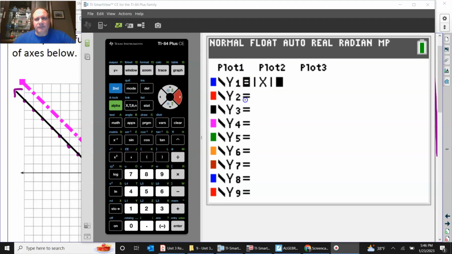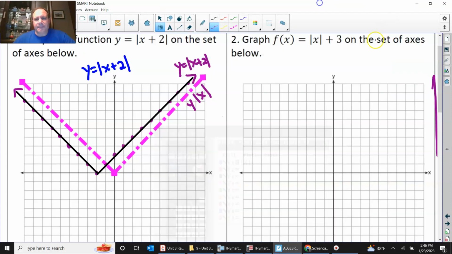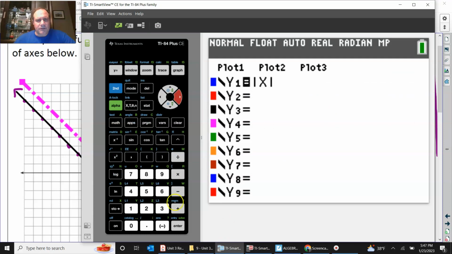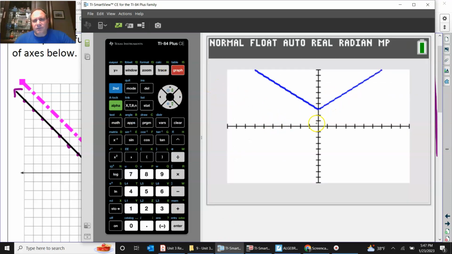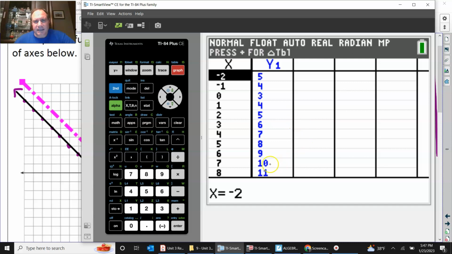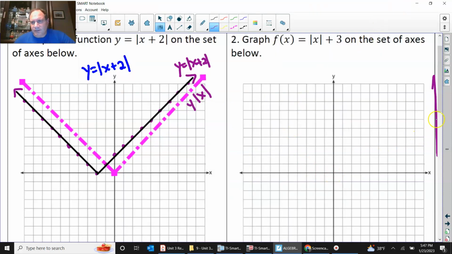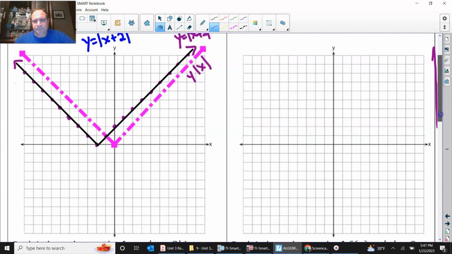And I already forgot, that's plus 3. So plus 3 on the outside, then we're going to press graph and take a look at it. So this is 1, 2, 3 up. So this is 0, 3. The point comes to 0, 3.